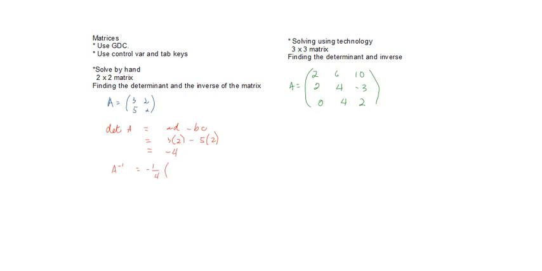And then what you need to do before you can find the inverse is to switch the main diagonal. So you'll have 2 and 3 here, and then you get the negative of the terms in the other diagonal.